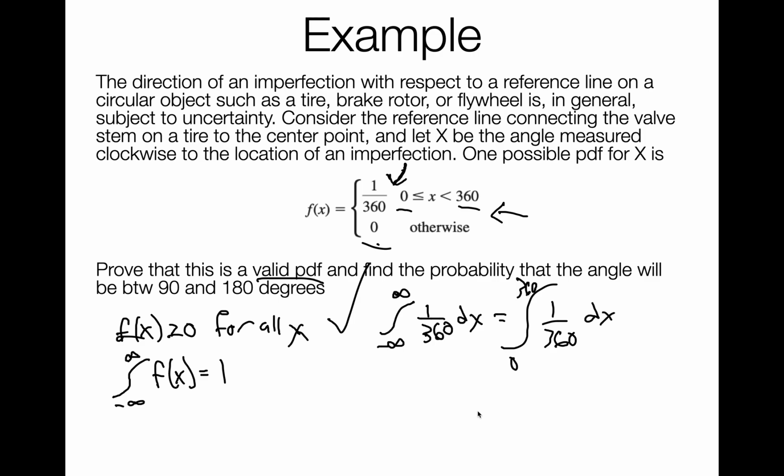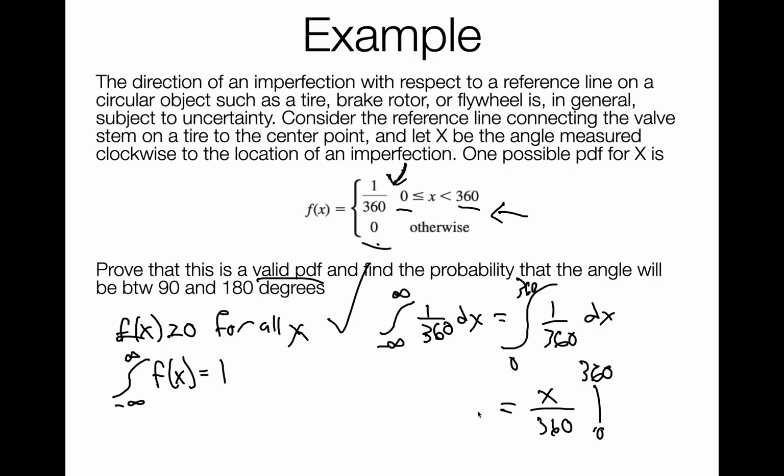Here we have a definite integral, and so we find the antiderivative of a constant, and the antiderivative of a constant is x times that constant. So really the integral from 0 to 360 of 1 over 360 is, take the antiderivative, and we get x over 360, evaluated from 0 to 360.